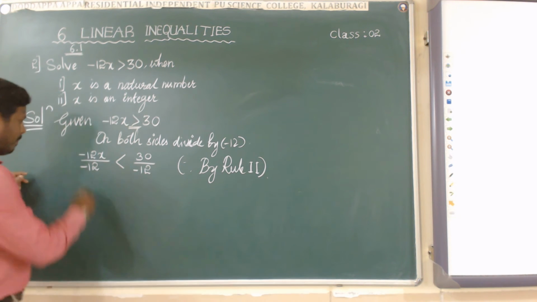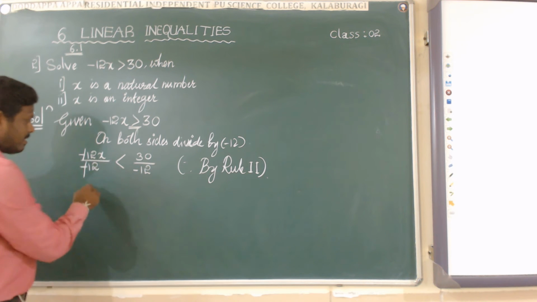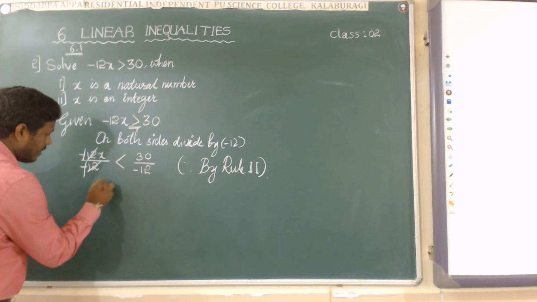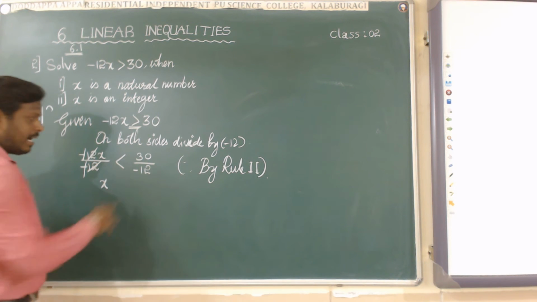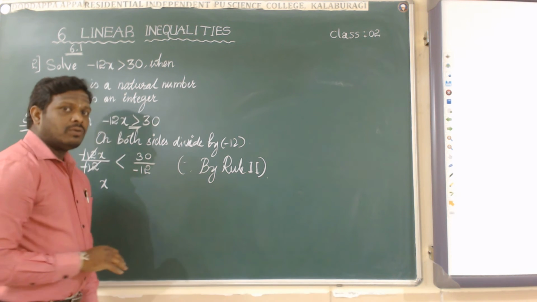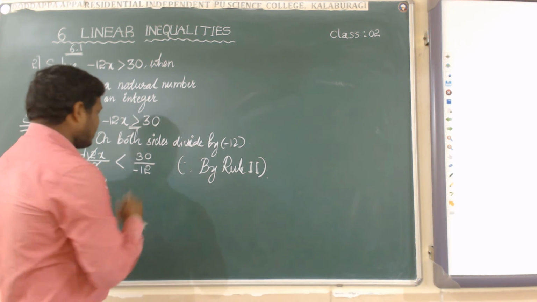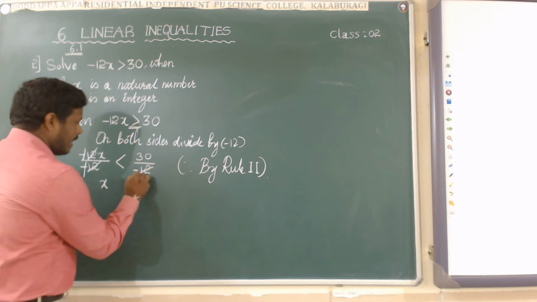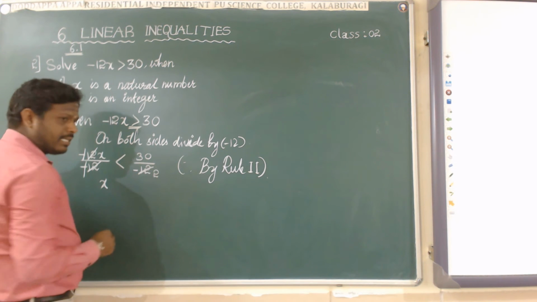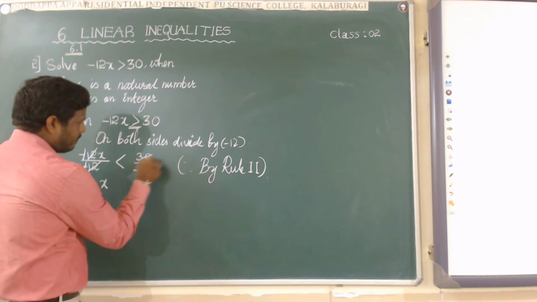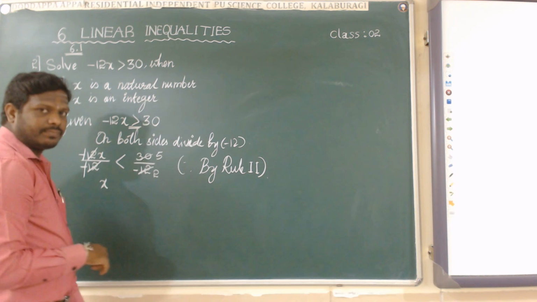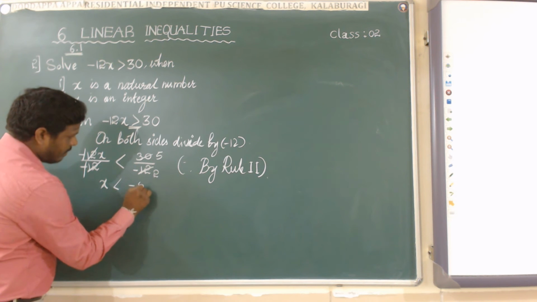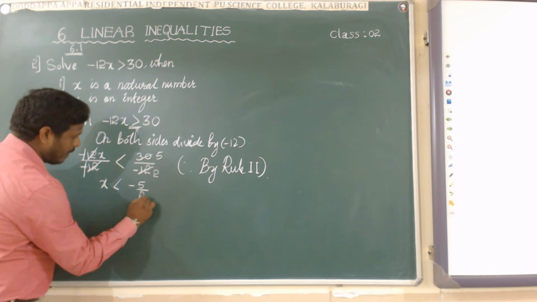Okay, now simplify. Minus cancels, 12 and 12 go, and what is left is x. On the other side, you can use the 4 table or 6 table: 6 twos are 12, 6 fives are 30. What is left is minus 5 by 2.